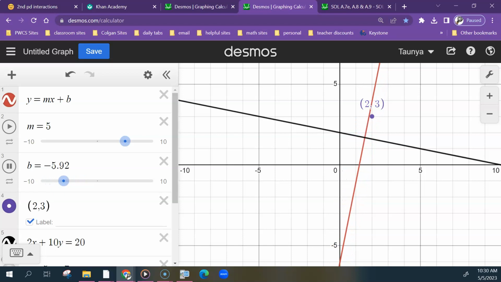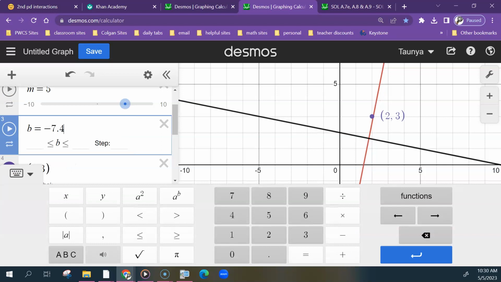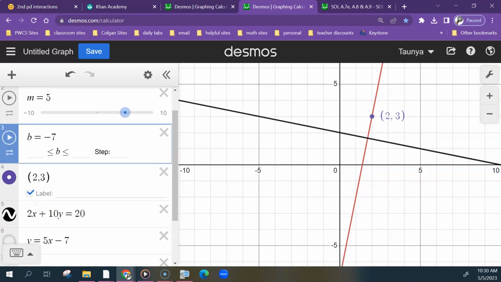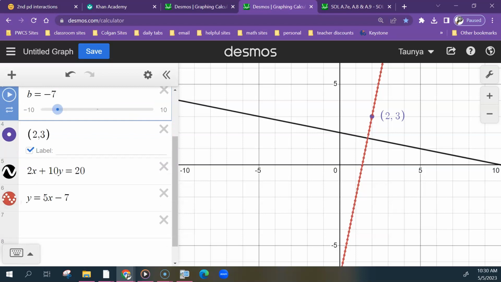So you would change that to 5 and then find where your y-intercept would help this cross. So then the equation should have been y equals 5x minus 7. Questions on that one?